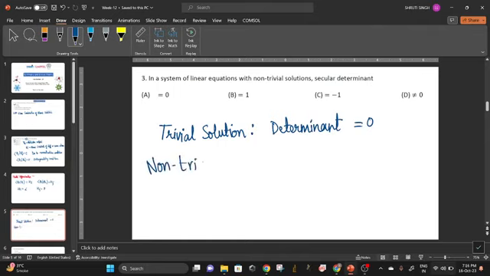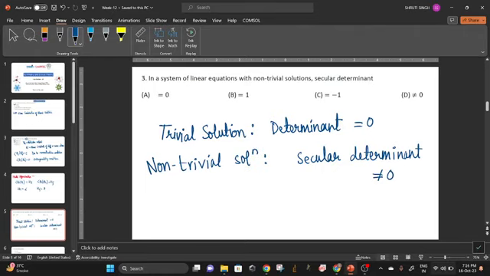So non-trivial solution means that the secular determinant is not equal to 0. And this is true for any determinant, not only in the case of molecules.